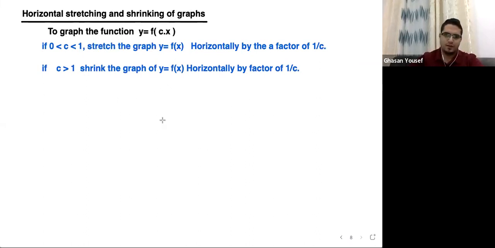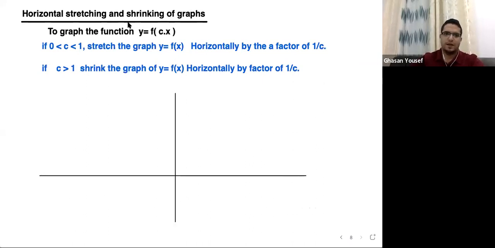Now, let me graph an easy one to show you what we did here. This is my y-axis, this is my x-axis, and my function looks like this. This is f of x.